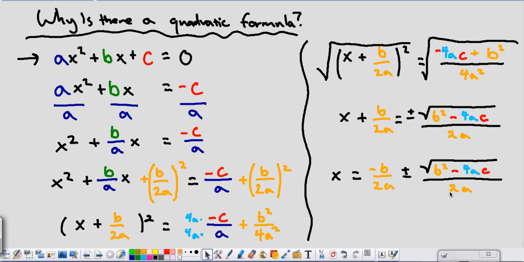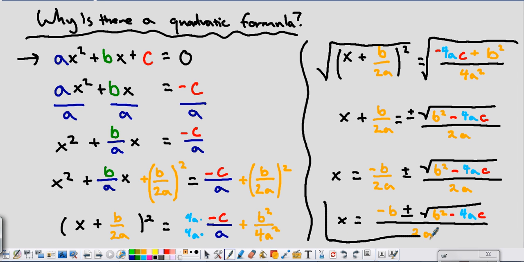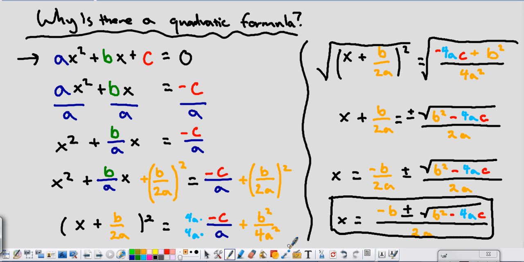And because both of these have the same denominator, I can put them into one fraction, and that gives me the quadratic formula. x equals negative b plus or minus the square root of b squared minus 4ac all over 2a. There we go. That's how you derive the quadratic formula.